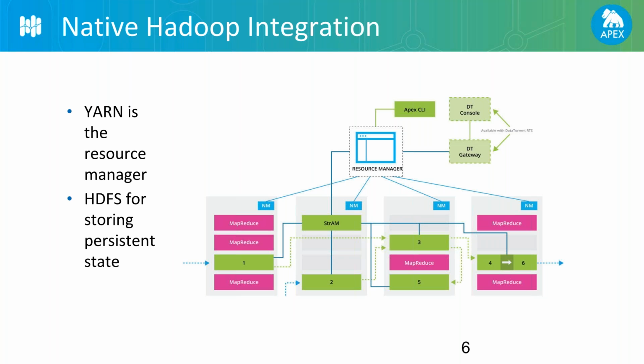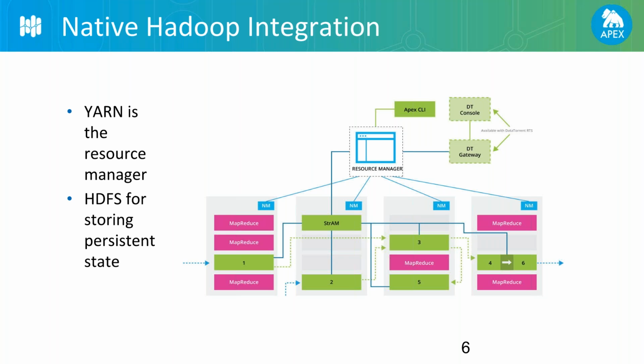When you are launching an application, it negotiates resources with the resource manager and launches the STRAM process, which is the streaming application master service. Once the STRAM process is launched, it is responsible for launching various containers, which hold your custom logic or operator logic.